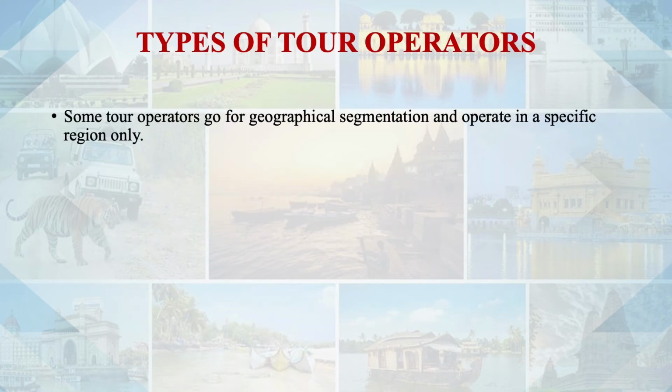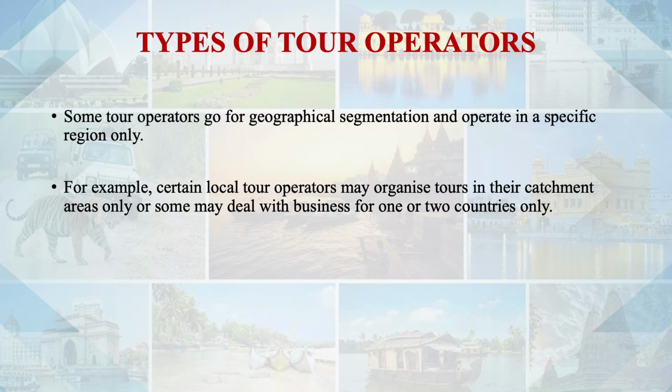Likewise, some tour operators go for geographical segmentation and operate in a specific region only. For example, certain local tour operators may organize tours in their catchment areas only, or they may deal in only one or two countries. So the choice is yours whether you want to be a mass tour operator who sells all kinds of packages.